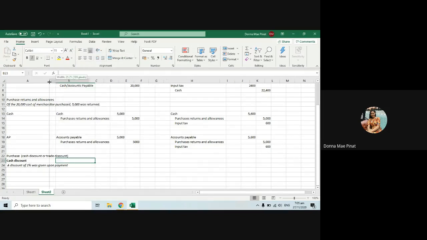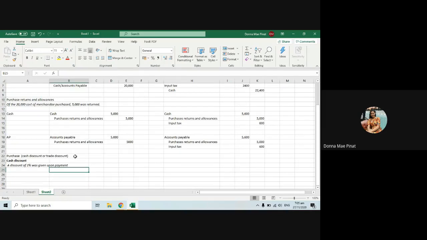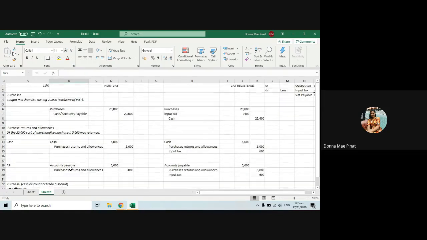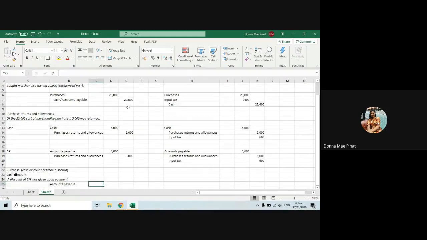So, for example, in this transaction, the discount is upon payment of the accounts payable. So, what we will do is, of course, accounts payable, since it was bought on account. So, accounts payable 20,000.